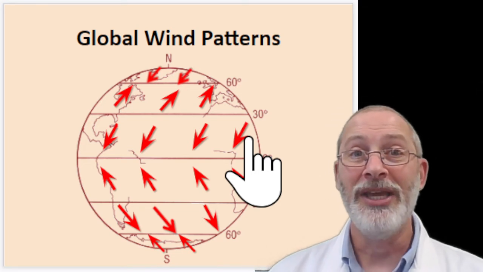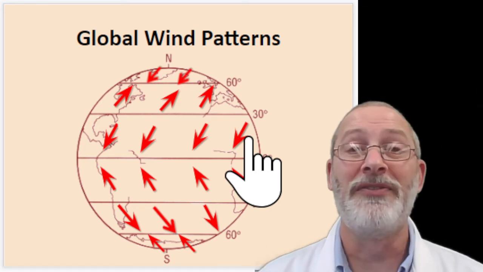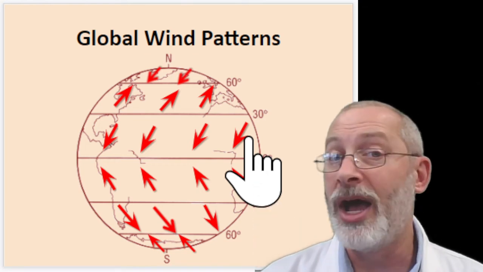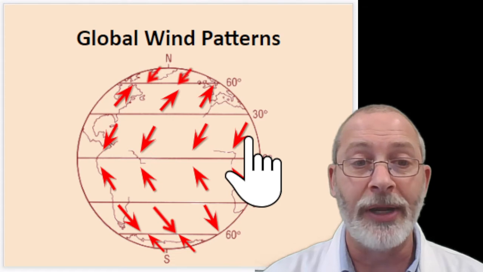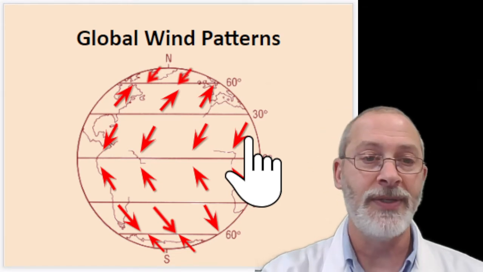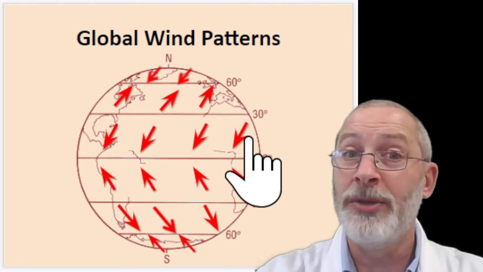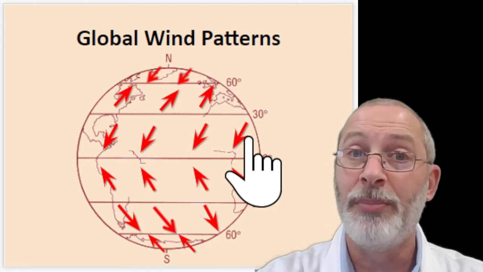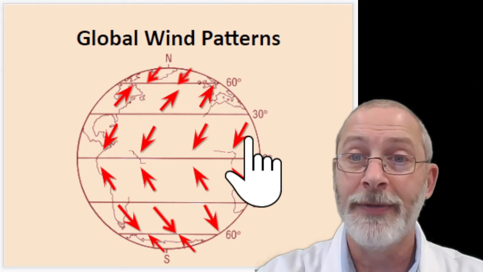And it's only the surface of the Earth that most of us come into contact with. Now, if you're an airplane or a hot air balloonist, that's another story. But here at the surface of the Earth, if you're a sailboat, for instance, you really need to be educated about the global wind patterns, which are affected by the Coriolis effect.